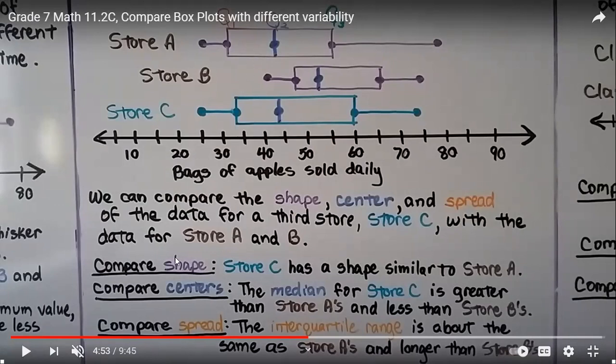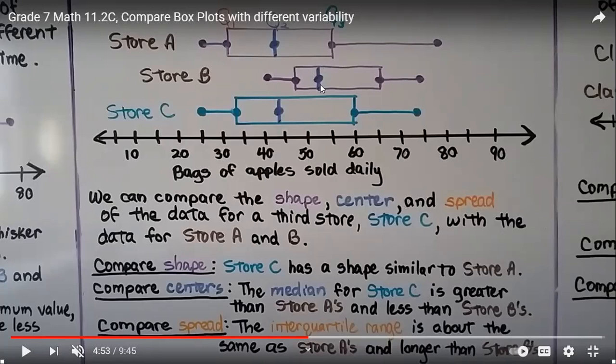You will compare the centers. You will find that the median for store C is about 42, right? It is greater than store A's and less than store B's.